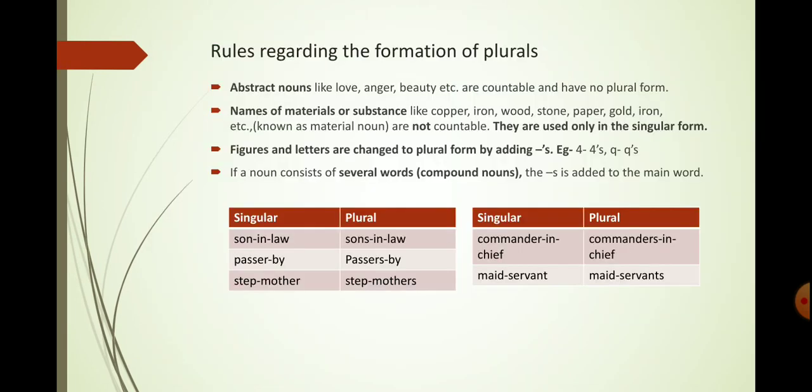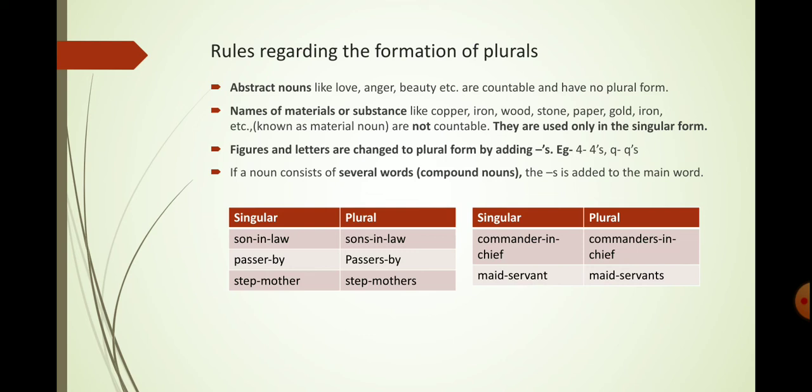Here come some other rules regarding the formation of plurals. Number one, abstract nouns. Abstract nouns, you all know, are names of a feeling or emotion. Abstract nouns are not countable and have no plural form, like love, anger, beauty.